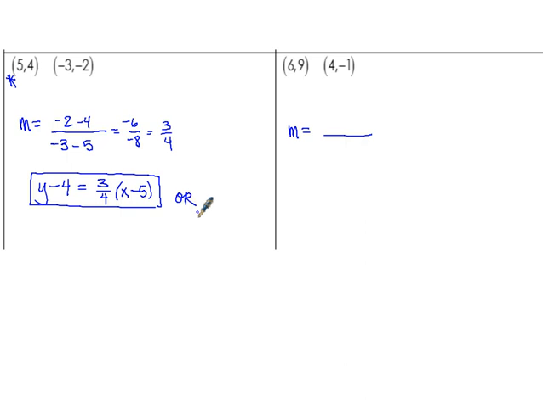I'm going to put my or in there. In red is my second equation using the second ordered pair, y plus 2 is equal to the slope of 3/4 times the quantity x plus 3.